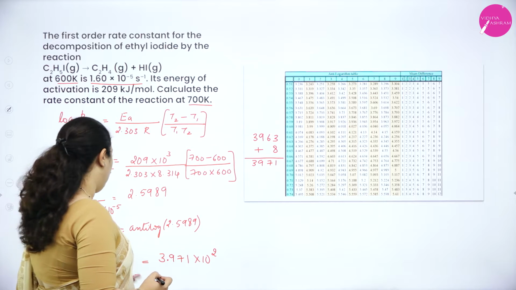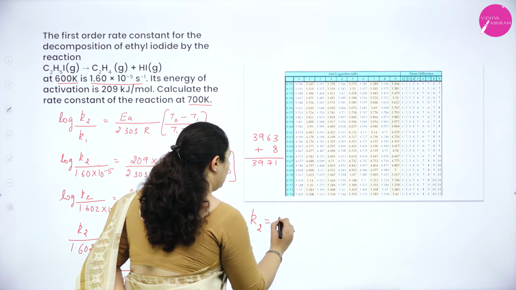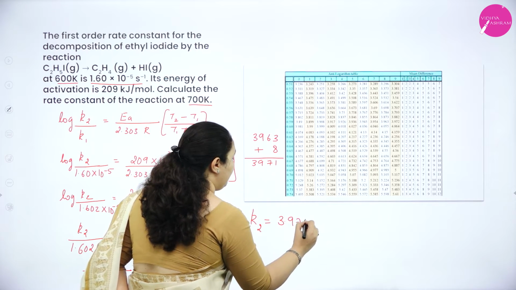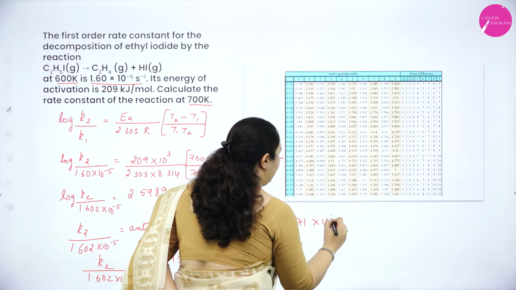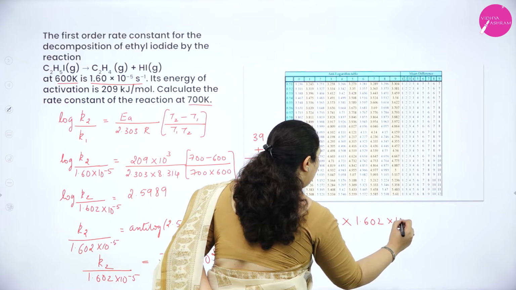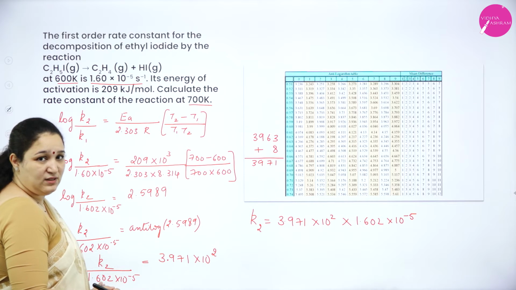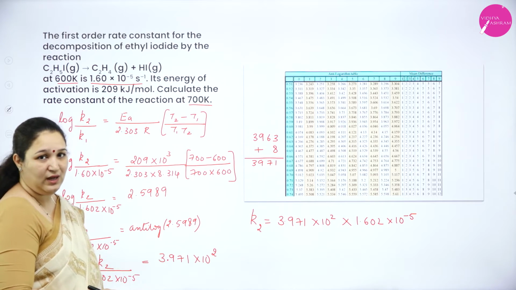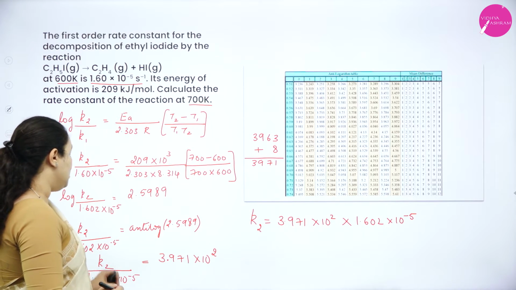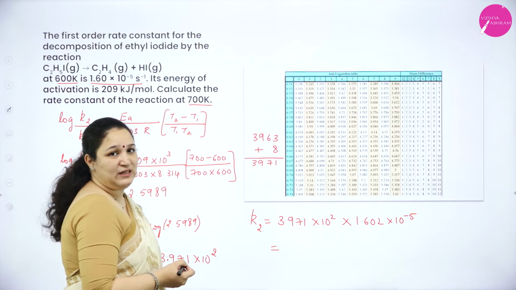Okay, now I have not yet got K2. So K2 is equal to 3.971 into 10 to the power 2 into 1.602 into 10 to the power minus 5. That is, I have moved what is there in the denominator onto the other end. Okay, so what is the answer which we are going to get once we multiply this?